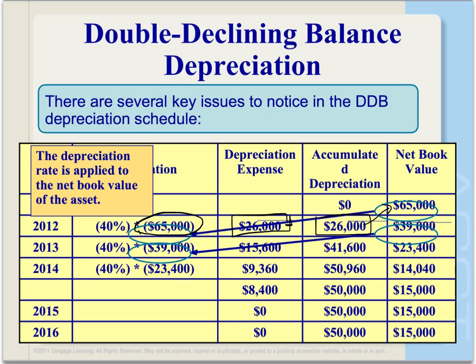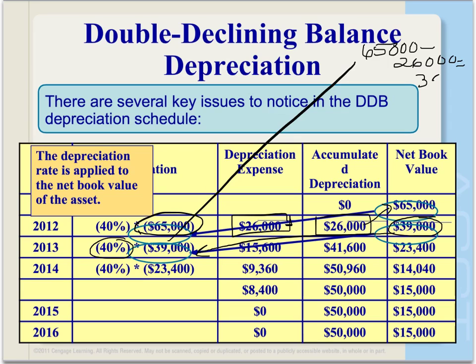So we subtract that from the original 65,000, leaving us with 39,000. You will see here that now we take this rate we calculated, the 40% times 39,000. That represents 65,000, which was the original cost, minus the accumulated depreciation of 26,000, leaves us with 39,000.